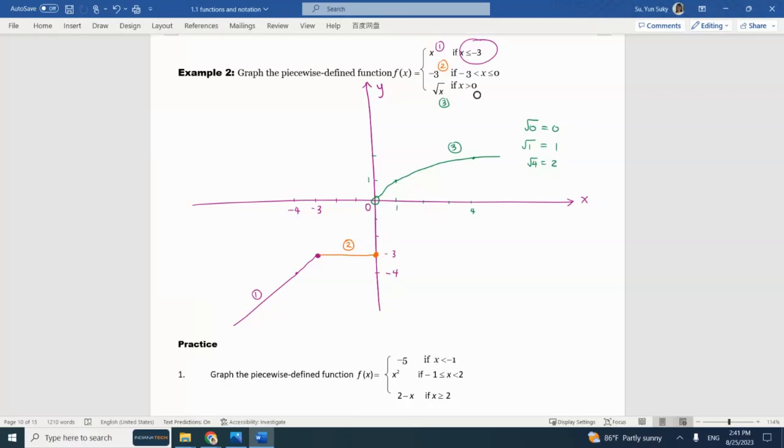Yes, because y equals x and x is negative. So you just introduce that when you define that.